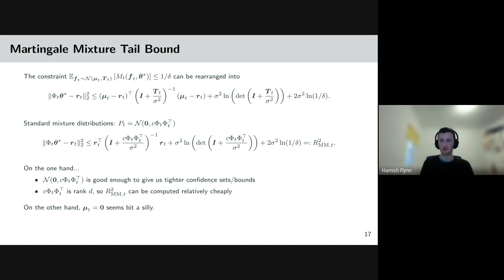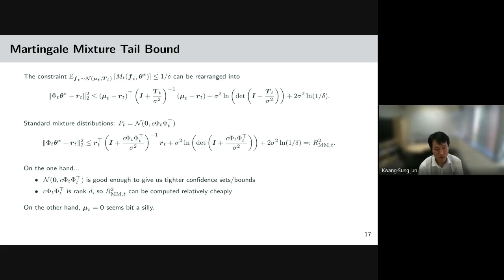So then when we have this identity plus phi transpose inverse in the middle of this squared difference term, I think it's damping down the size of the reward vector quite a lot. And I think that's why having a 0 mean actually isn't so silly after all.